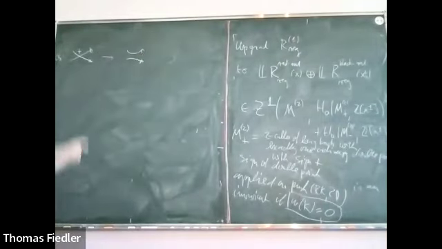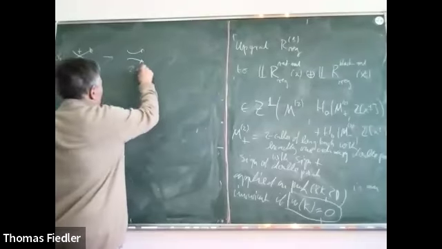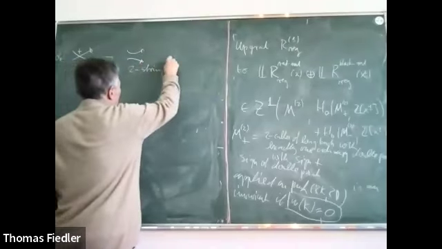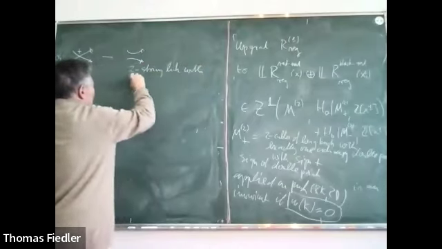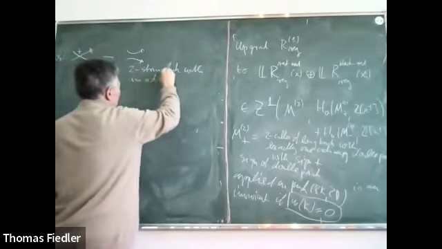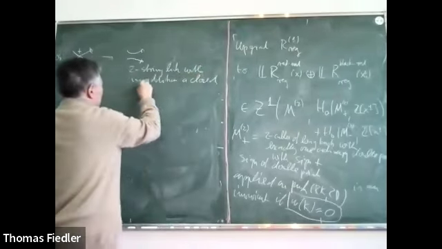If we here started with a two cable of a long knot, this here will be a two string link with a closed component.